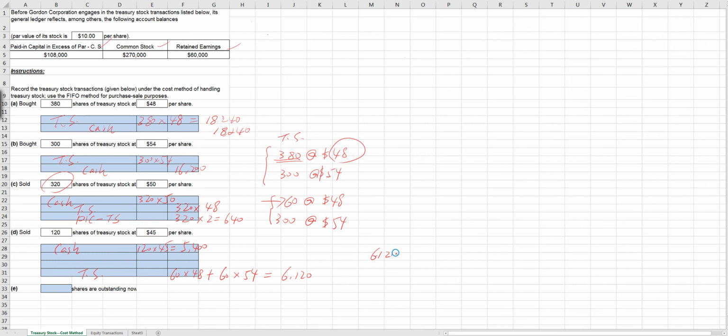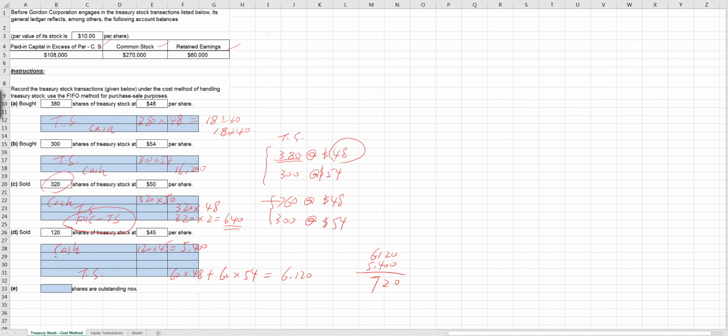Right, let's do the calculation. It looks like we're losing money. How much have we lost in this transaction? We lost $720, so we're going to reduce our equities by $720. The first choice is the paid-in capital from treasury stock account, but it has only a $640 balance.